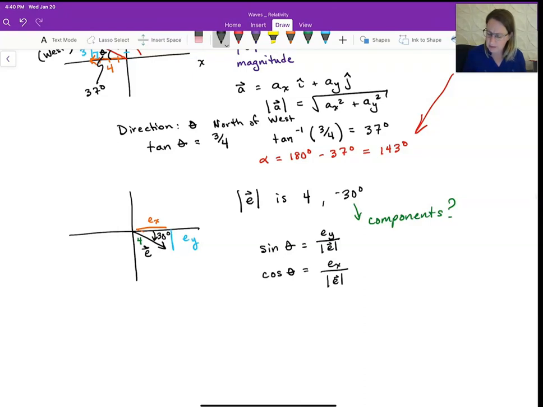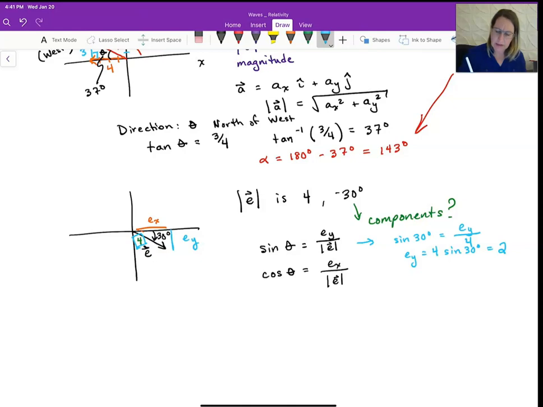So if I put these in, just putting the values in, I have sine of 30 degrees is equal to EY over 4, because that's the value that we have here. And so EY is equal to 4 times sine of 30 degrees, which I think is 2. Okay.